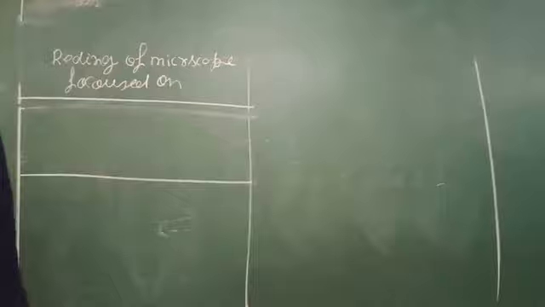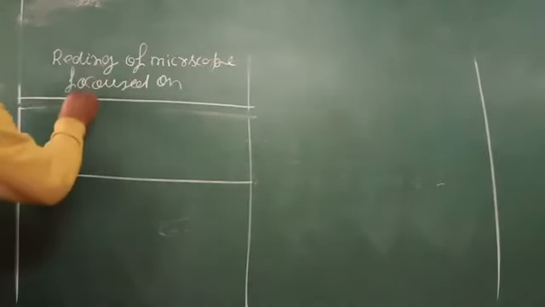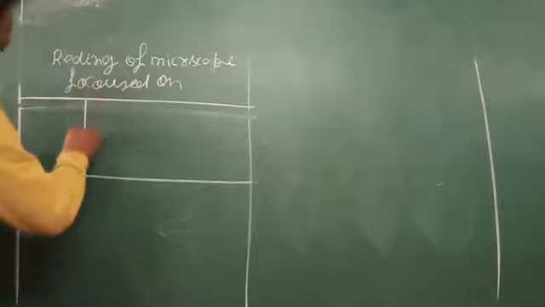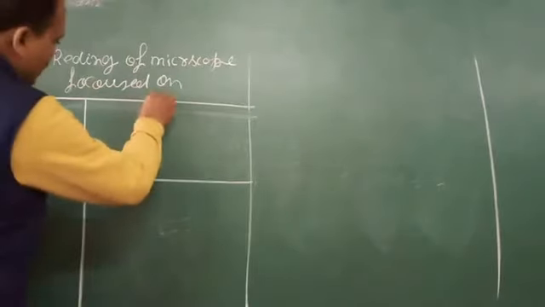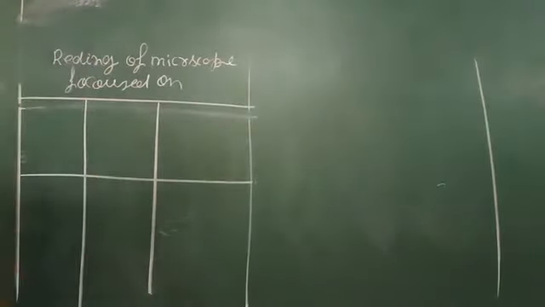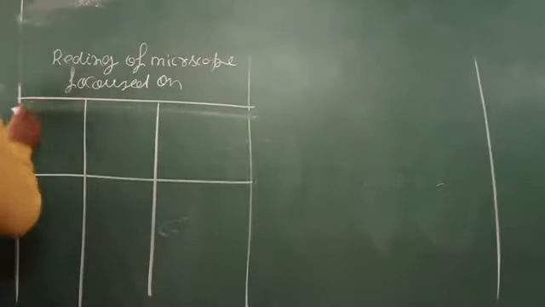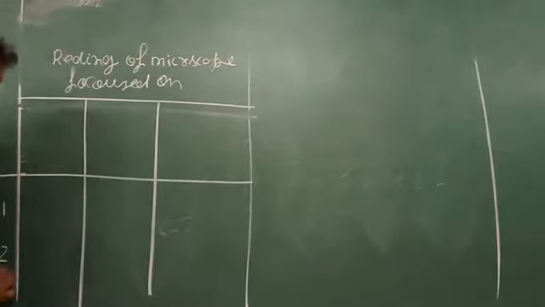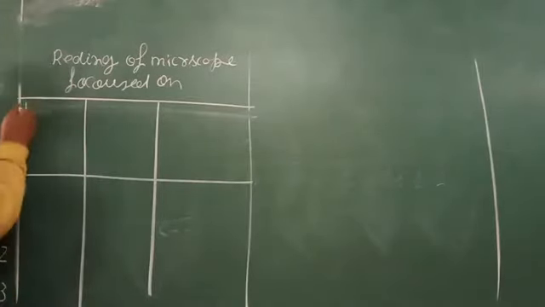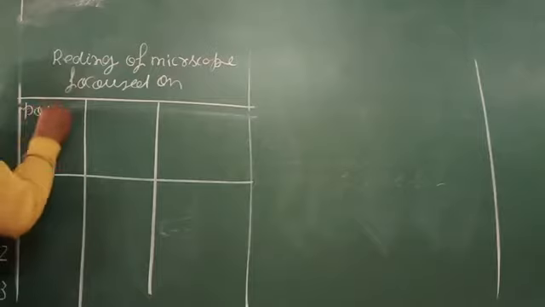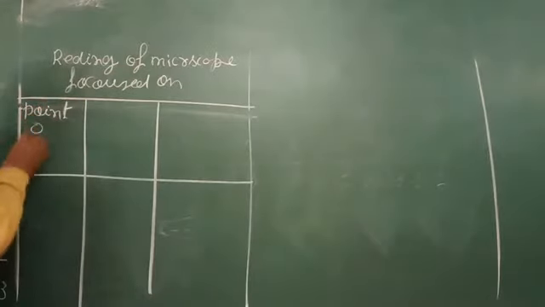Cross mark point O without slab, point O with slab, and A, B and C. This is 1, 2, 3.